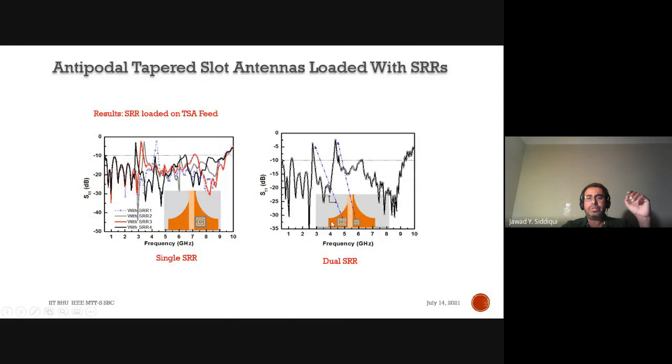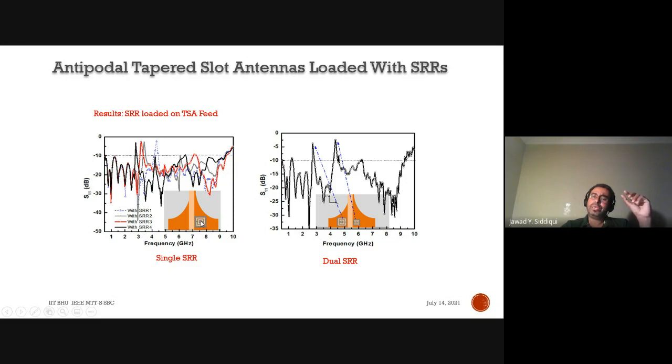And then if you place two different SRRs on the microstrip line, which is on the balun of the antenna, you can also get very distinct notches. Because if you know the fringing of the electric field along a microstrip line, there's a very small fringing.